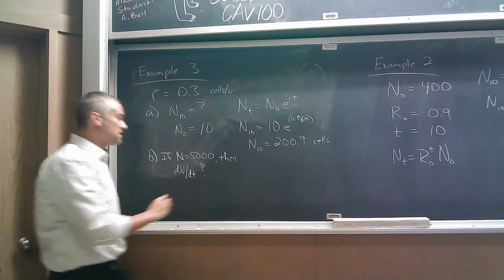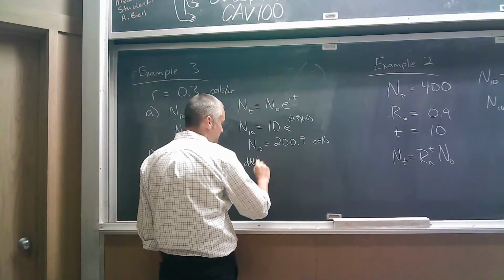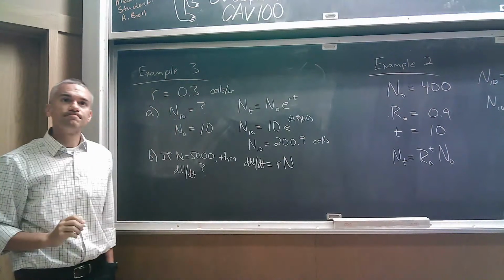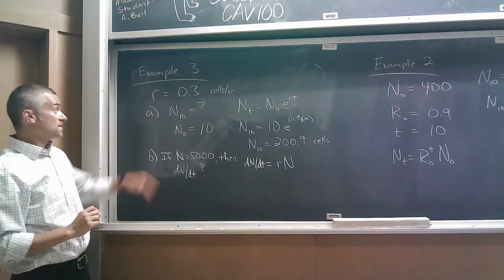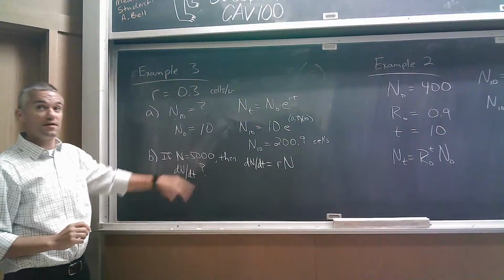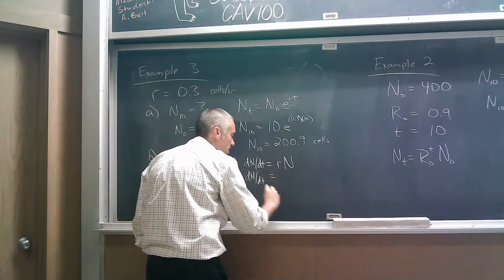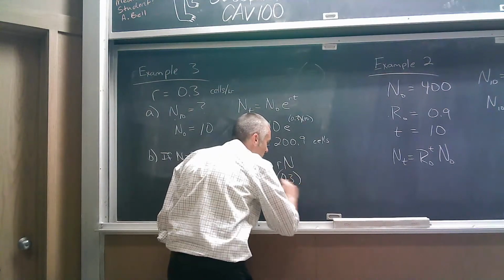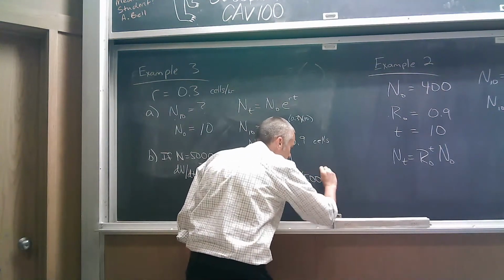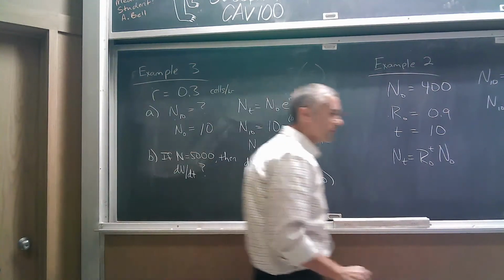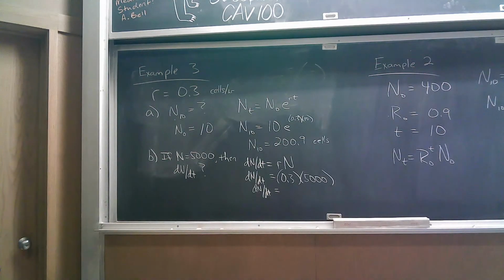Well, dN over dt has the equation R times N. Do we know R? Yeah, given in our problem. Do we know N? Yeah, it's given in our problem. So it's just substituting. Change in population size is 0.3 times our 5,000, which is 1,500.